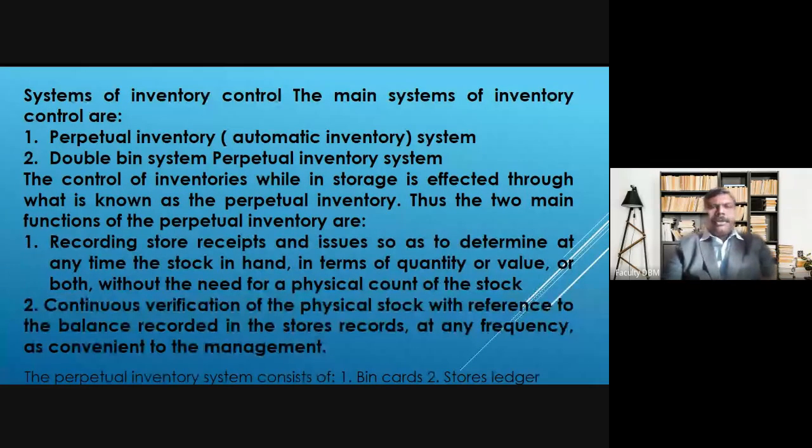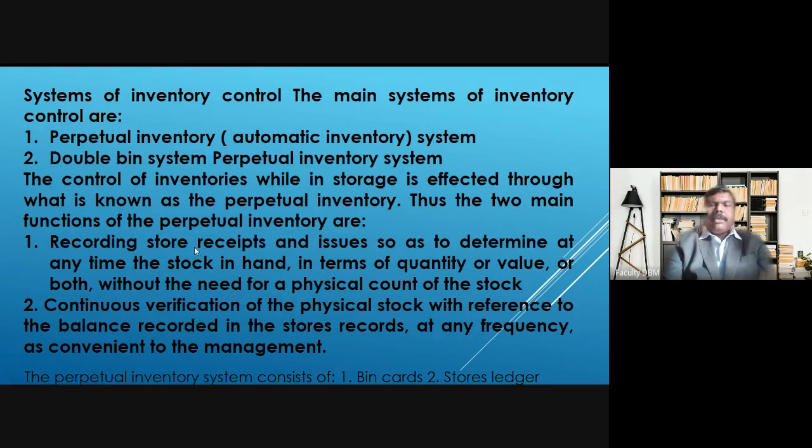Here, the perpetual system means the control of inventories while in storage is affected through what is known as perpetual inventory. So here we have two things: perpetual inventory, that is automatic inventory, and the double bin system.